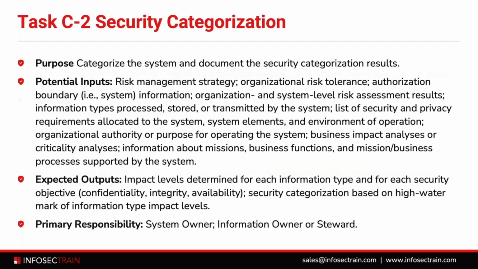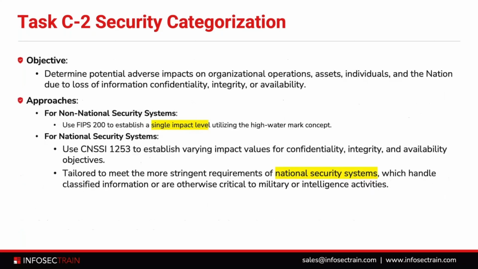Then, how can we categorize a system? First we need to understand the federal and the non-federal systems. This basically is in the context of the US, how the entities in the US are divided into federal entities and non-federal entities. For federal entities, we have a different way of categorizing the systems, and for non-federal entities, we have a different way.